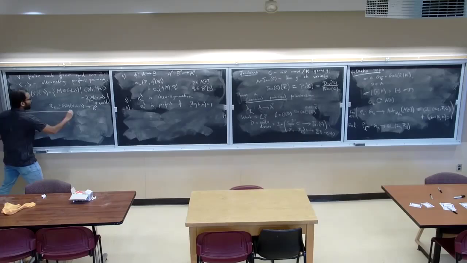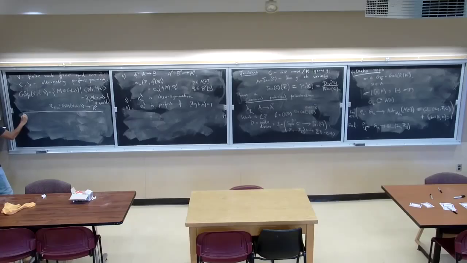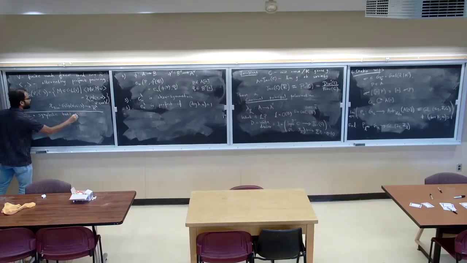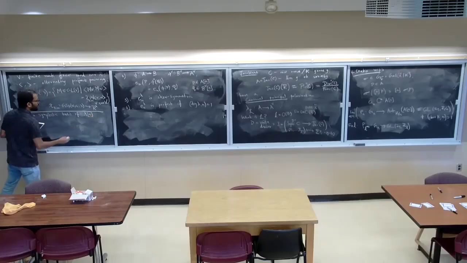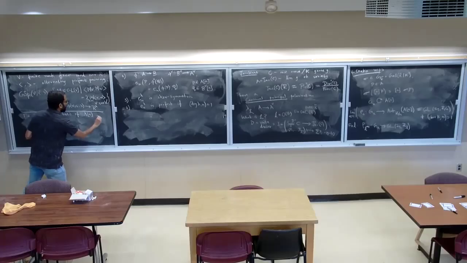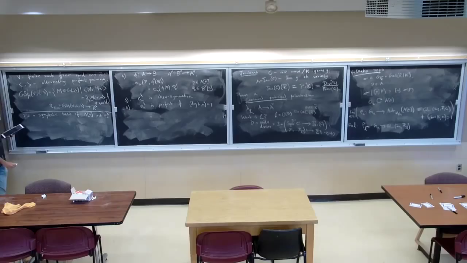Now what we are going to do is fix a symplectic basis of the N-torsion group scheme with respect to the pairing. This is my alternating pairing on this group. What is the symplectic basis?